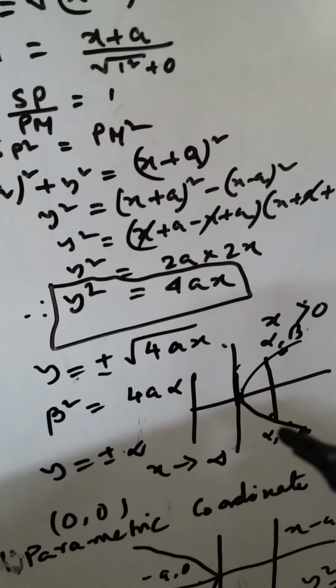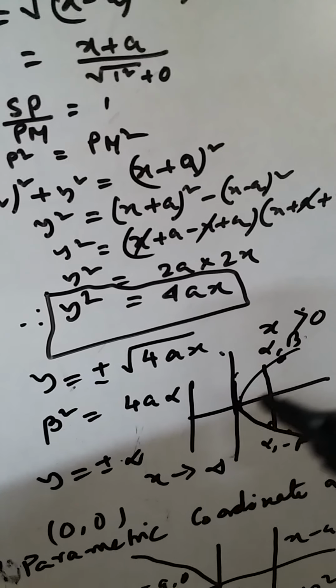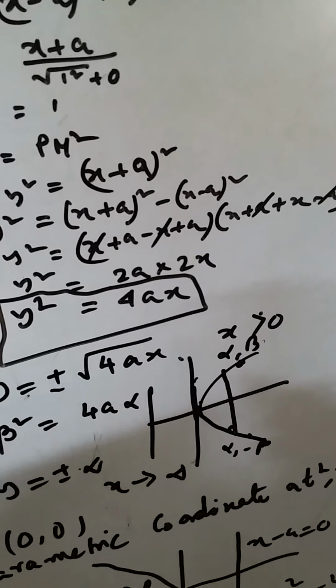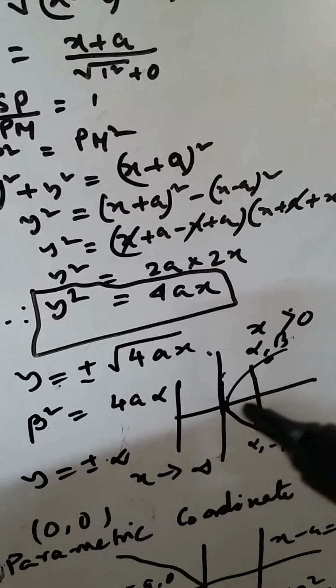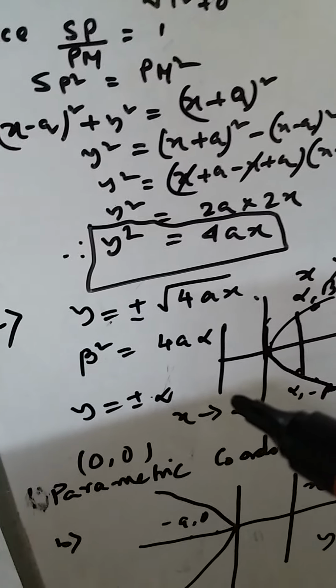So the condition is satisfied, so you can say the parabola is symmetric about the axis. Symmetric about the axis. This is called axis.